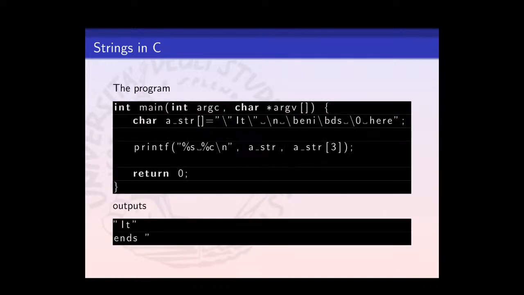So let's have a look at this piece of code. This program is quite straightforward once we have understood the notion of array. In particular, in the very first line, just after the signature of the function main, we have a declaration for an array of characters.